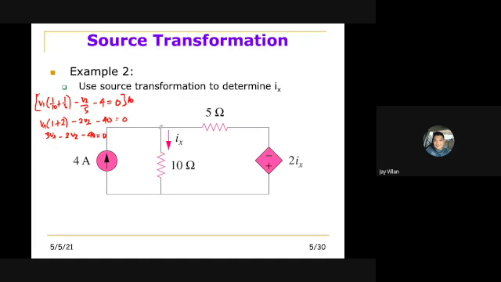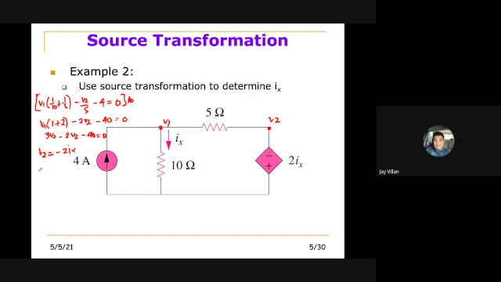At V2, so this is V1 and this is V2. V2 is equal to negative 2Ix. Now take note of the polarity of your voltage source. So this is negative 2Ix. And we'll simplify it further.